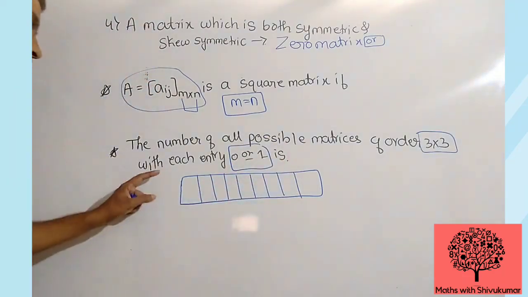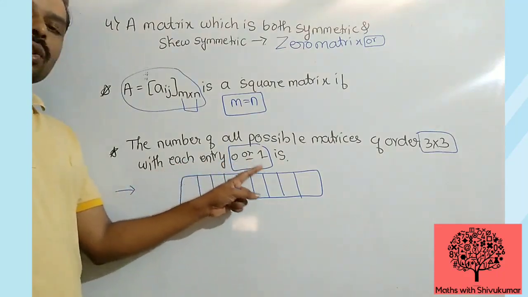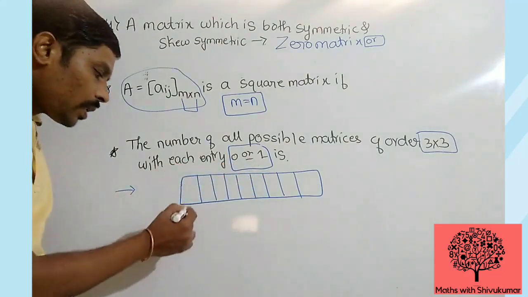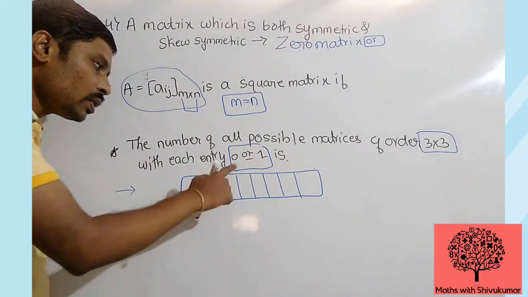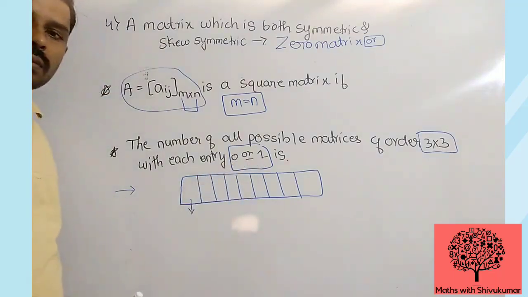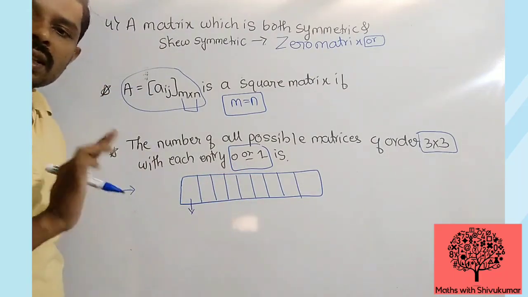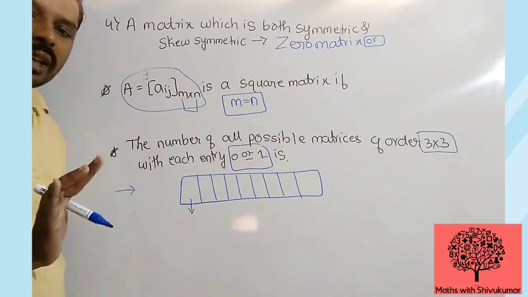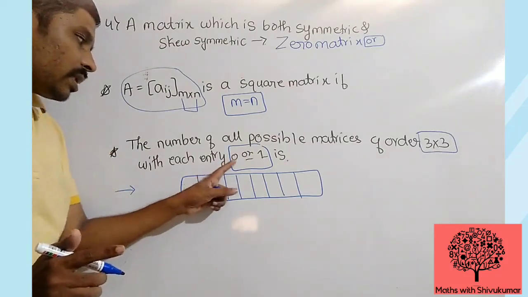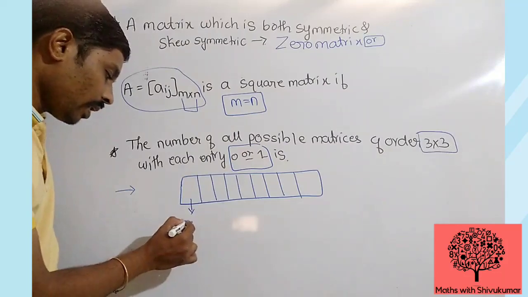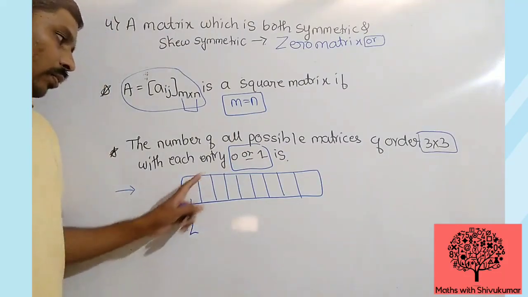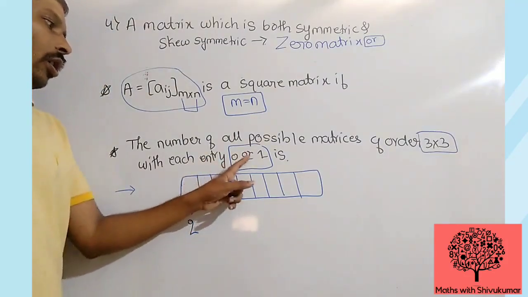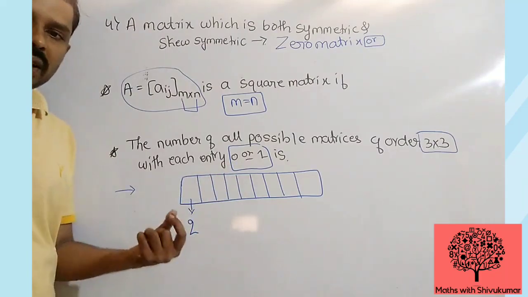What they are telling, each entry is either 0 or 1, means in the first place I can substitute either 0 or 1. Apart from these two numbers, we are not supposed to substitute any number. So the first place can be filled in how many ways? Two ways, either I can write 0 or I can write 1. First place is over.